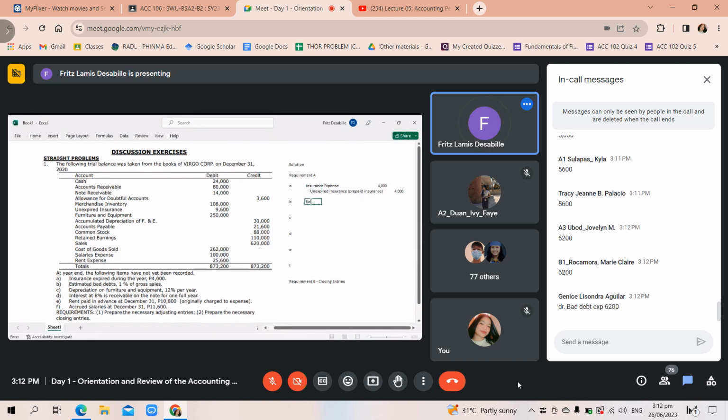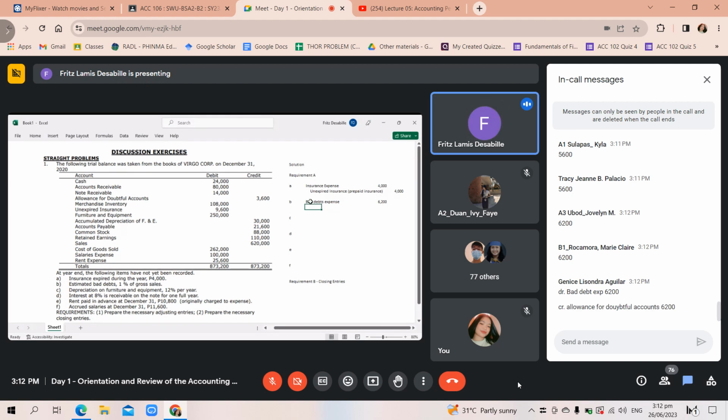That is bad debt expense amounting to 6,200. What's our credit, guys? Credit to what? Allowance for doubtful accounts. Correct. Very good.